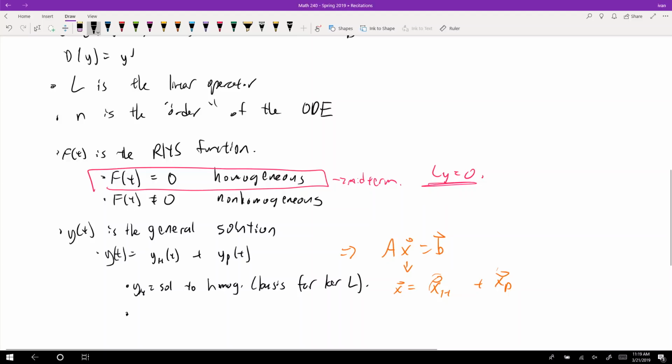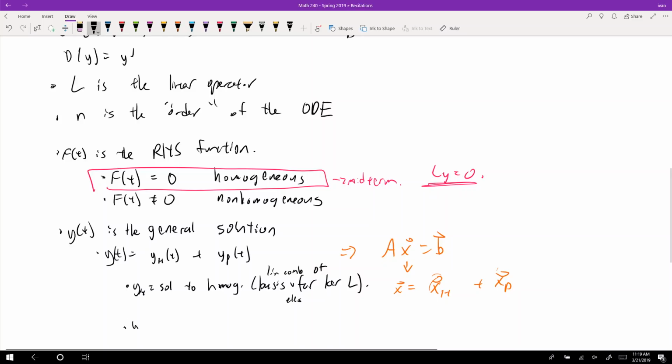Okay, so y_h is a solution to the homogeneous diffy Q. It's actually a linear combination of basis elements for the kernel of L. So that's the way you want to think about it.